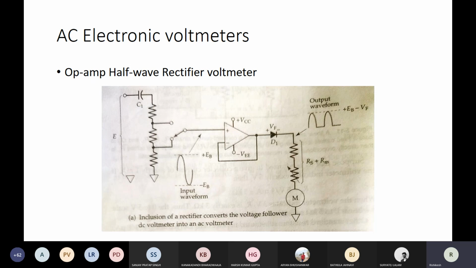AC quantity measurement. Till now we were discussing the utilization of op-amp for DC voltage measurement. If you remember our discussion, for extension of the PMMC instrument to AC quantity measurement, we utilize rectifiers. The reason being, PMMC instruments are polarized, so the current direction must remain the same irrespective of the polarity of the input voltage that is being measured.